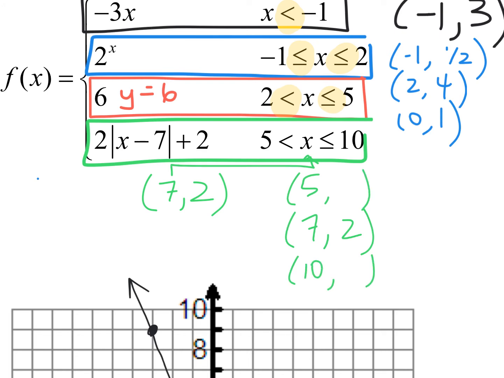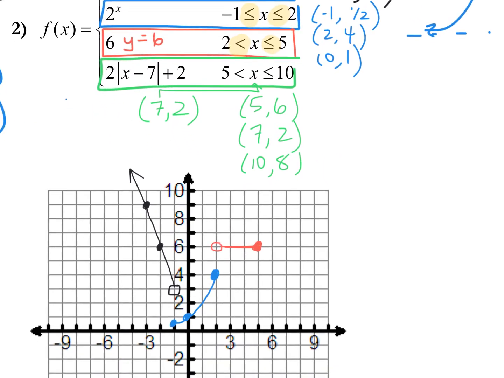So I'm going to plug in 5, this endpoint, to this equation. When you do the absolute value of 5 minus 7, it's -2, but since it's absolute value, make it +2. Times 2 is 4, plus 2 is 6. Cool. And then when I plug in 10, 10 minus 7 is 3, times 2 is 6, plus 2 is 8. So those are going to be my 3 dots.